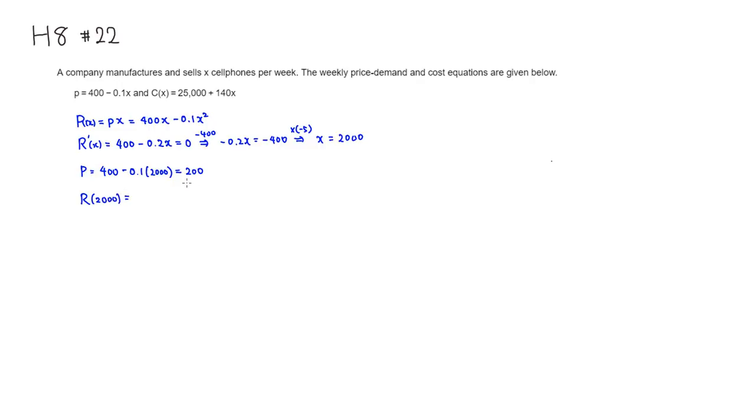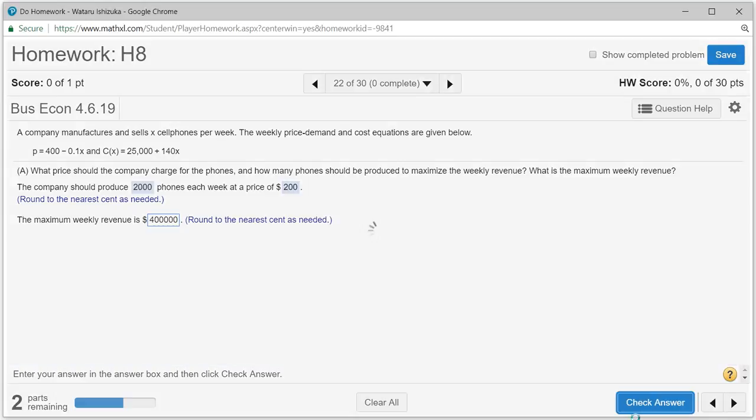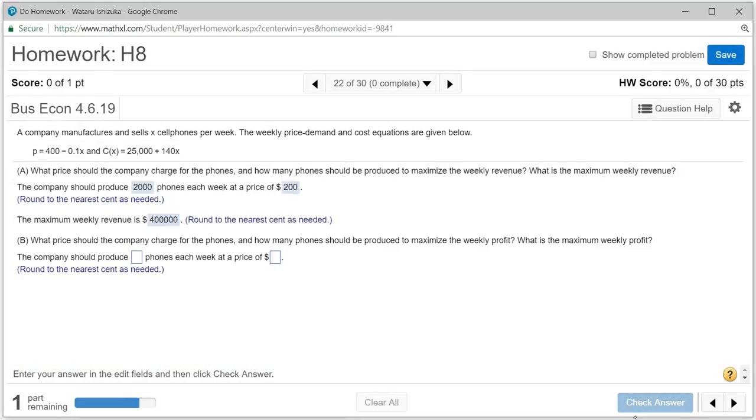We already found P, so it's 200 times x, and x is 2,000. 2 times 2 is 4, so we have 5 zeros: 0, 0, 0, 0, 0. So we have 400,000. Check the answer. We got that.